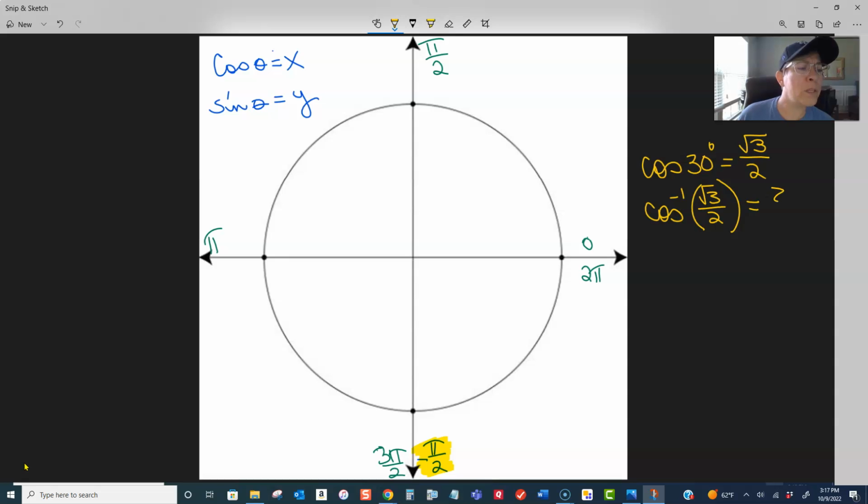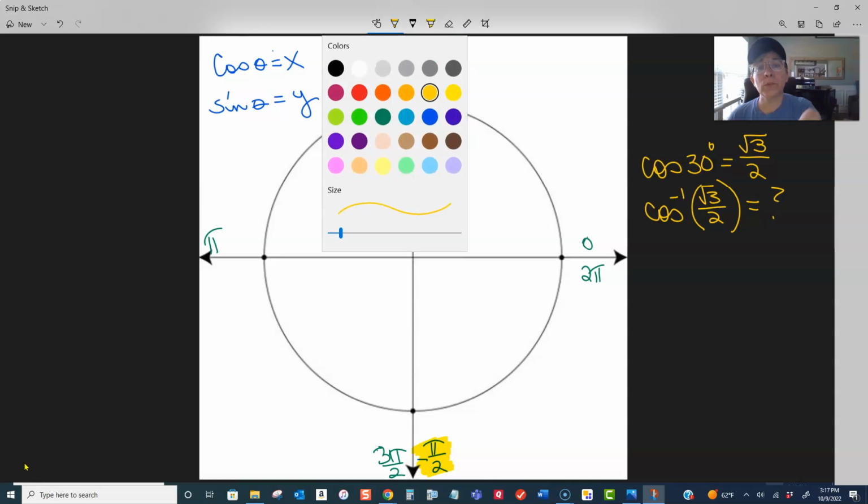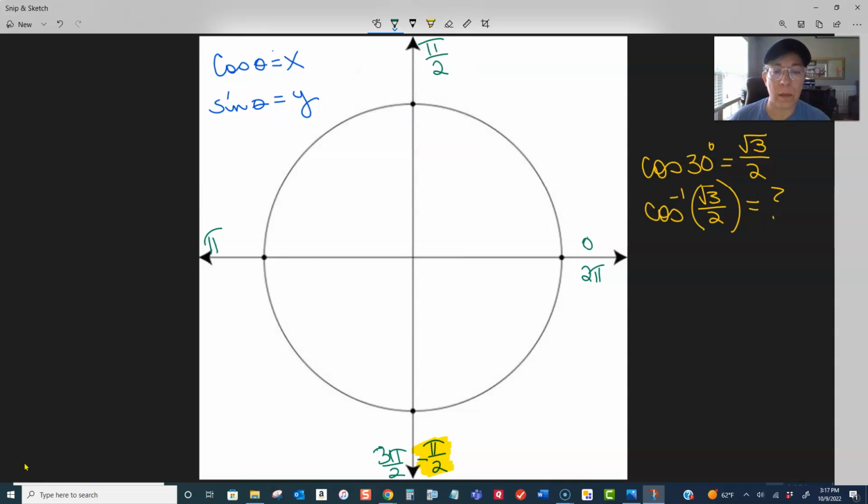And our output, you would think, okay, well, it gives us 30 degrees.